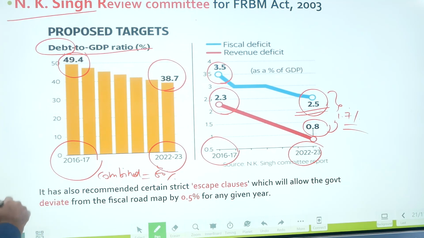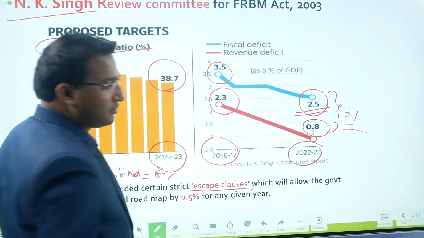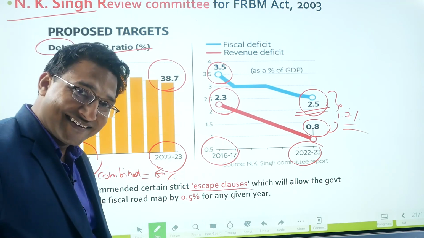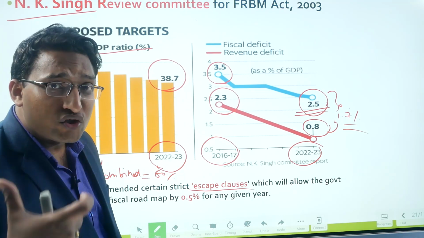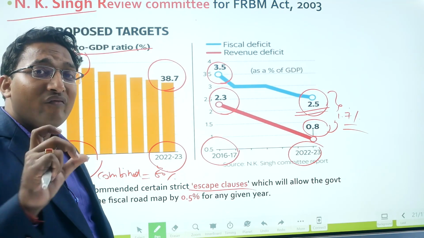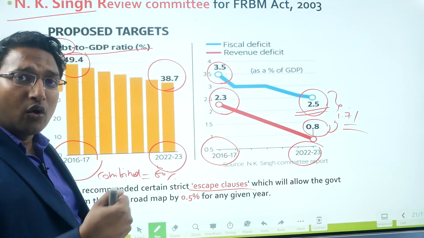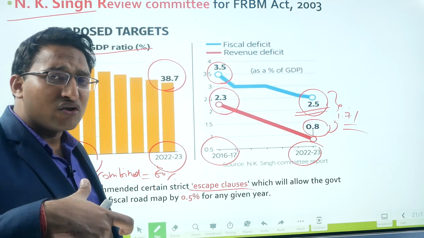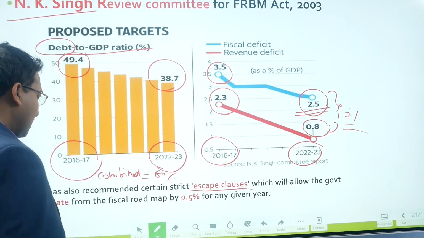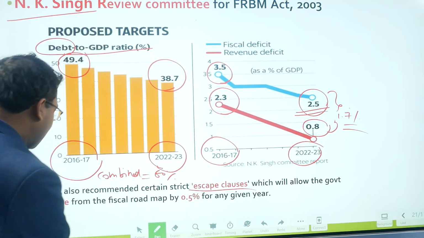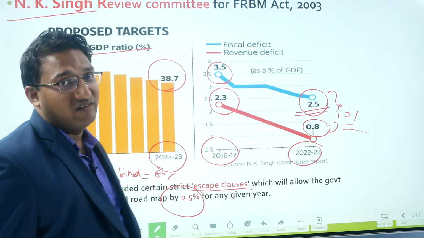Apart from that, it also recommended an escape clause or relaxation. In case of any undesirable situation or unavoidable circumstance, when the global circumstances are really bad, when there is a cyclical slowdown, and in many other situations, for example, a huge disaster, the government can deviate from the target by up to 0.5% in any given year.